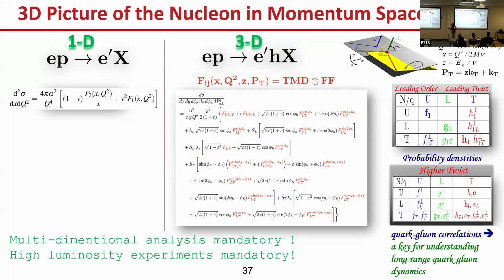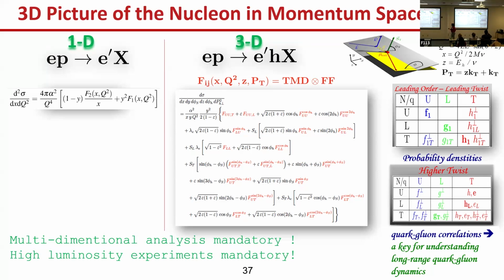TMDs, I have leading twist TMDs, these tables, in which I have here the polarization of the particle versus the polarization of the quark. And this table has the following meaning.